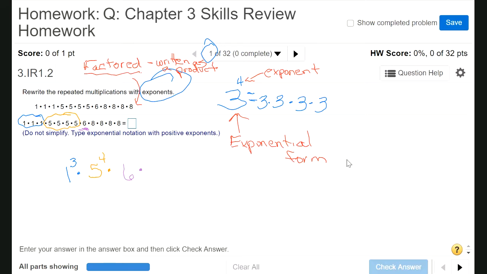And then on this last one, let's see how many I have. 1, 2, 3, 4. So 8 is the factor. It's repeated 4 times. Notice it says do not simplify. So they don't want us to figure out what this is equal to, although we could in our calculator. They just want us to write this. Raise your hand if you got that one.